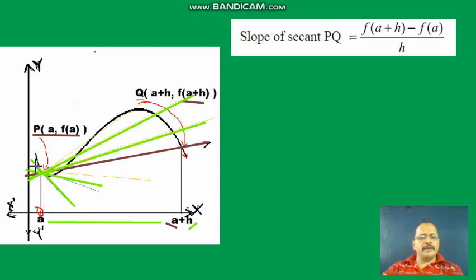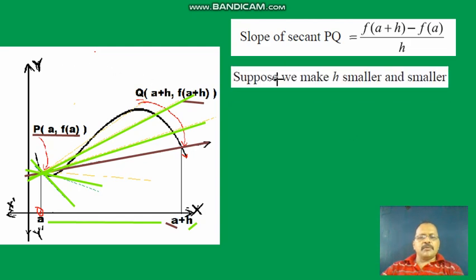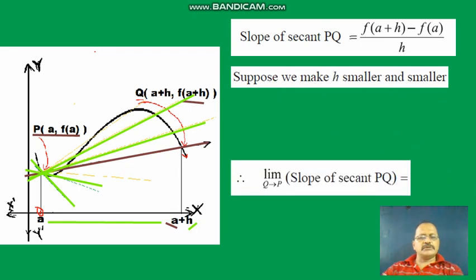This secant becomes the tangent at point P in the limiting position, that is when this h tends to 0 or when this point Q tends to point P. Suppose we make this h smaller and smaller, that means h tends to 0.